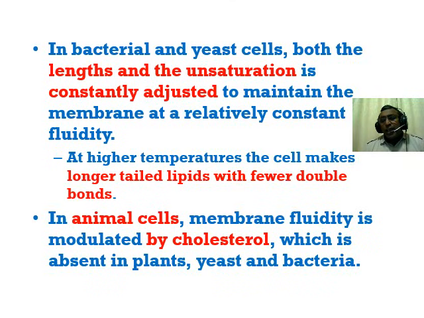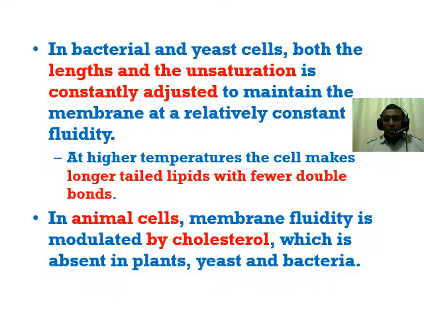So what happens to the cell membrane is, when you increase the temperature, it will start to become more and more fluid until it could even rupture the cell membrane, and therefore could make the whole cell die.